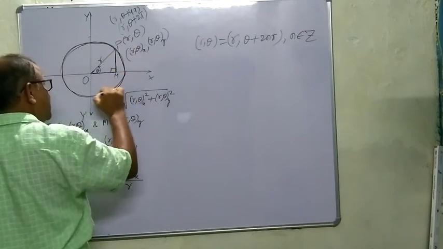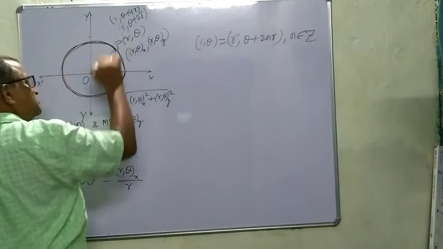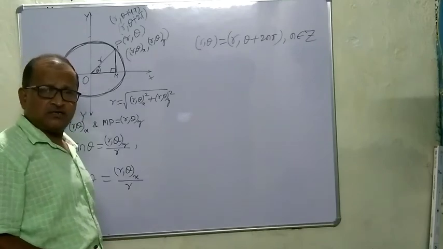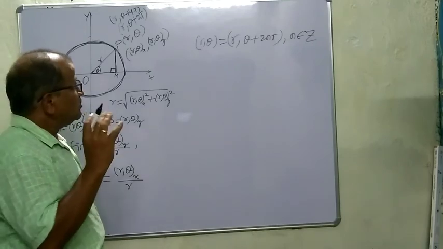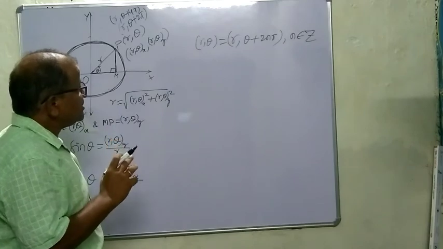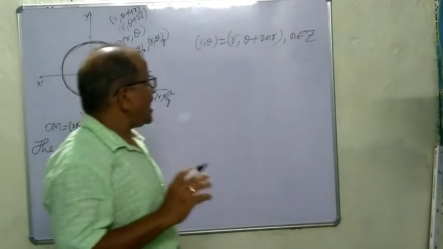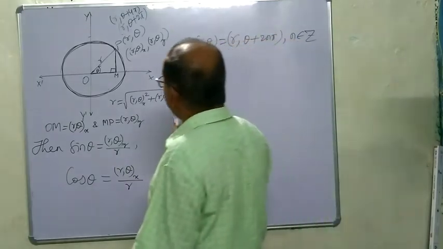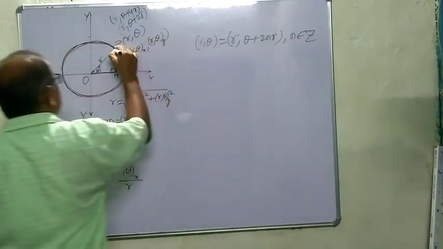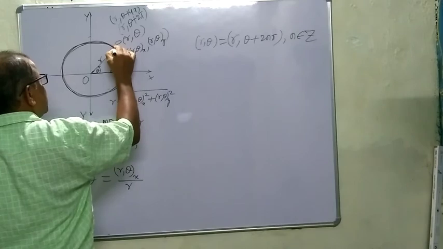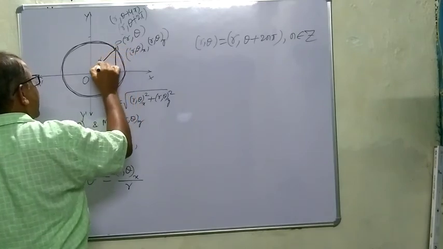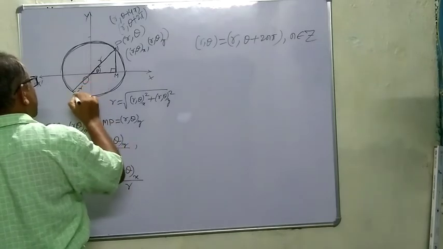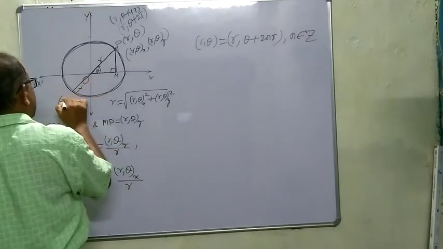If you move on this side, you have to add minus 2 pi. So the coordinate r theta can be written as r theta plus 2n pi. Similarly, suppose P is here and it is minus r. So what will its coordinate be?